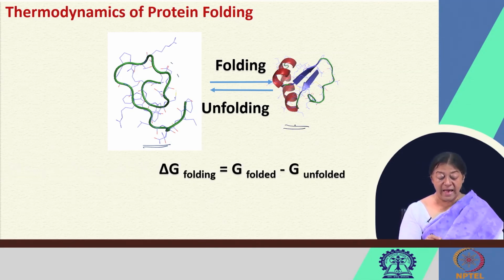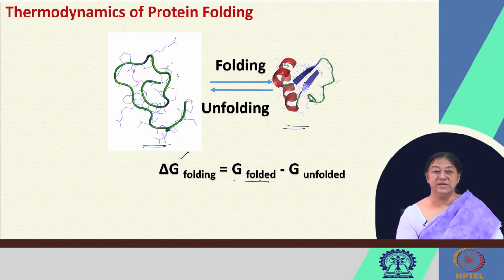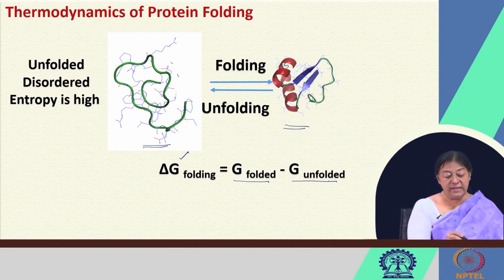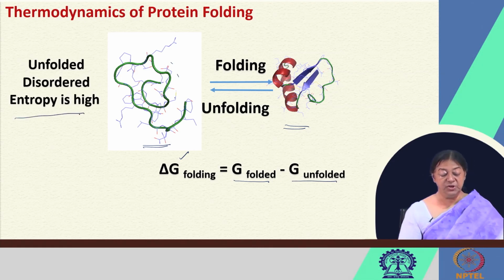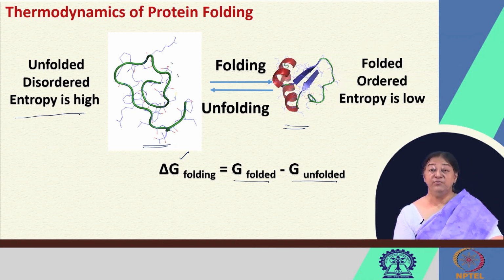So, if we want to look at the free energy of folding, it would be the final form, that is the G folded minus the G unfolded. We look at the unfolded formation and we see that it is disordered, the entropy is high. On the other hand, the folded conformation is an ordered conformation, so the entropy now is low.